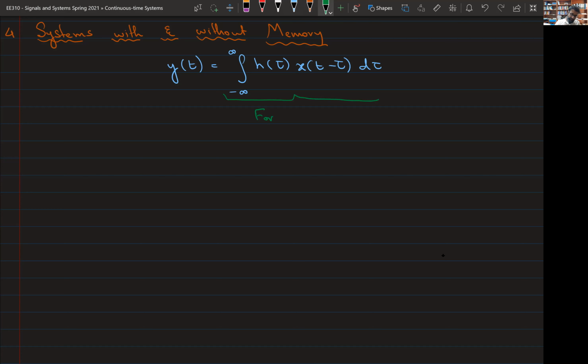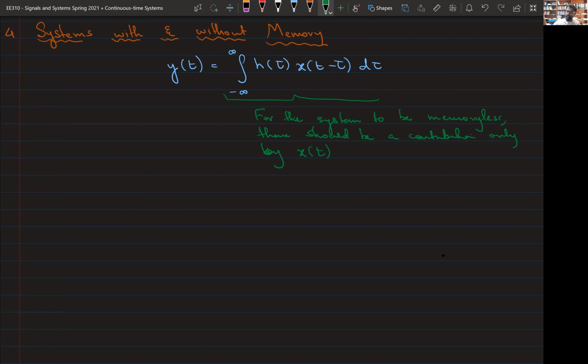So for the system to be memoryless, there should be a contribution only by x of t.